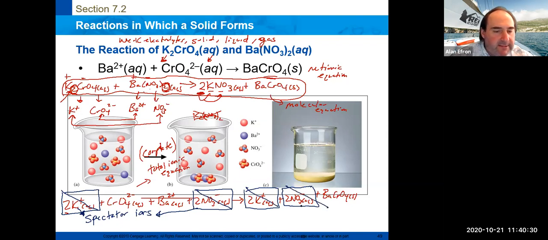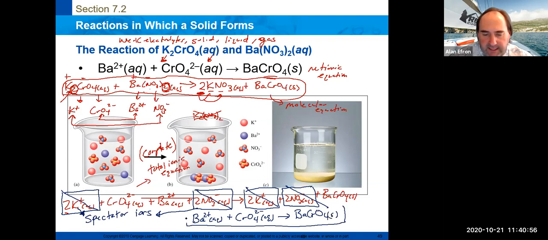And once we cross out our spectator ions, we are left with a third type of equation, which was the original equation up on top. What's happening here is the barium ion is coming together with our chromate ion to form this solid that we see in that beaker on the right, barium chromate.